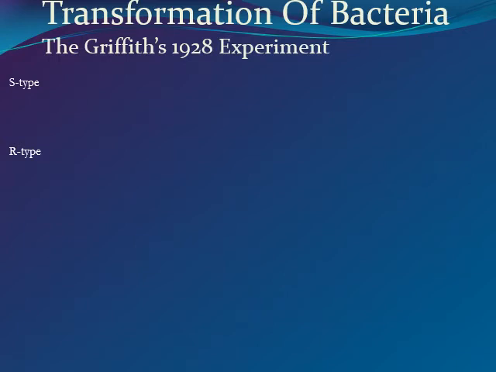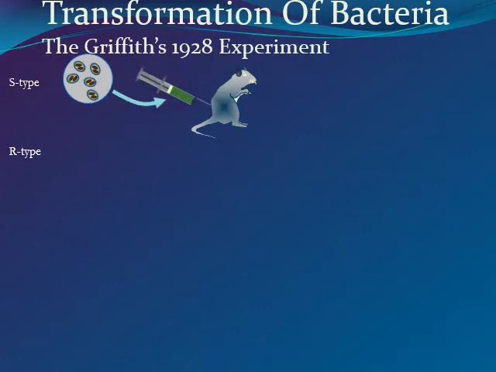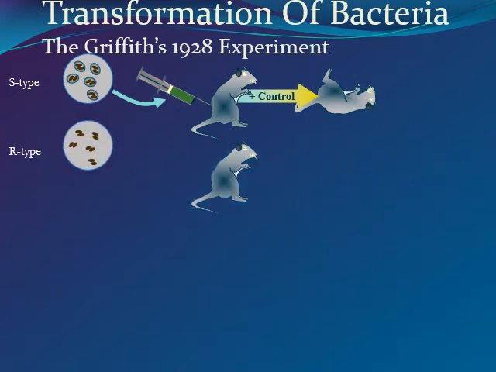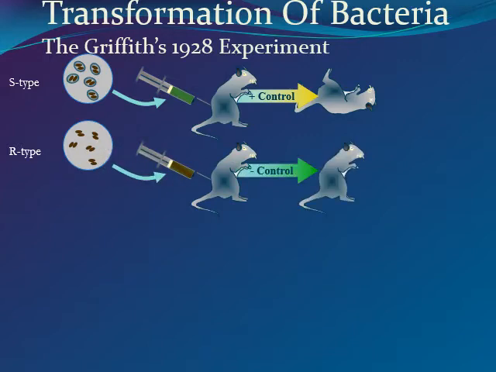In the transformation experiments, he injected the S-type into the mice, which led to the death of the mice. When he injected the R-type, the non-pathogenic type, into the mice, the mice were still alive.